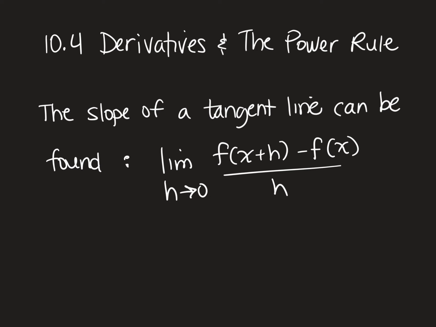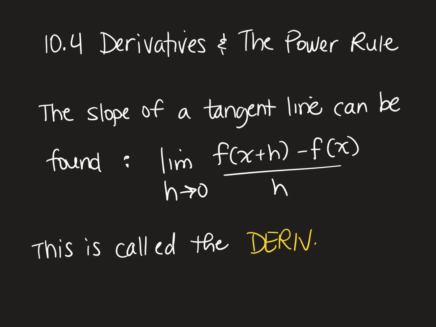That idea of the slope of a tangent line is called a derivative. So what we were doing when we were finding the slope of the tangent line using this limit was actually finding a derivative. This is called the derivative. So without even knowing what we were doing, we were finding the derivative of a function.